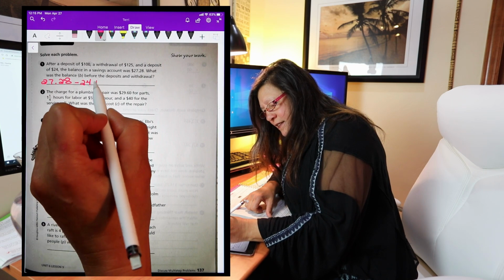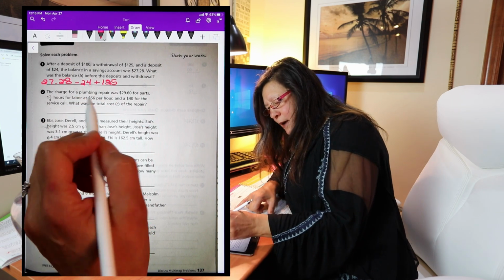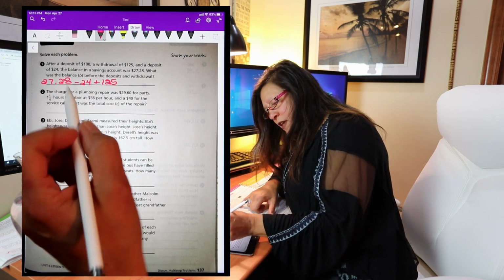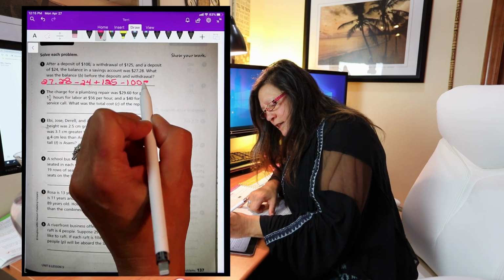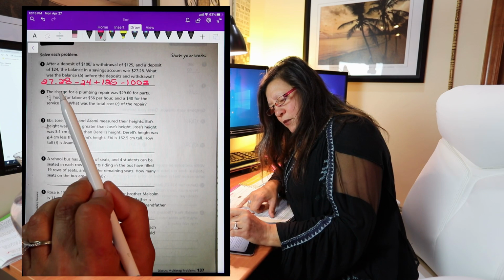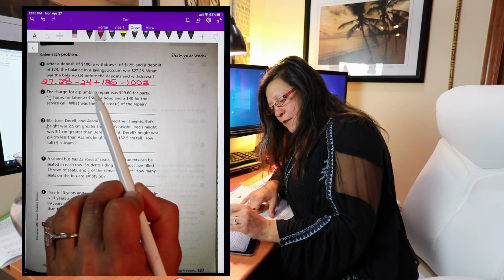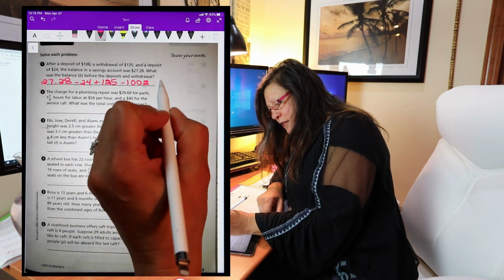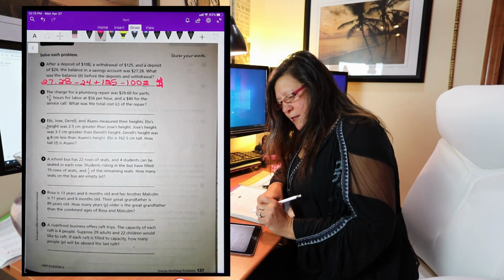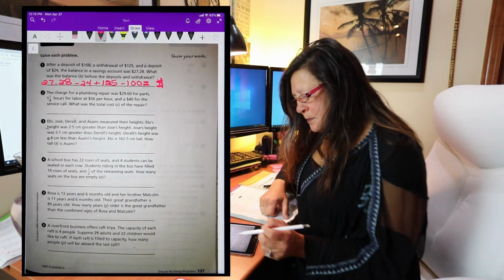We're going to add that. Again, we're working backwards to see what they started with. And there was a deposit of $100. We're going to subtract that. So you start with your $27.28 minus 24, add $125, and subtract $100, and that's going to give you what they started with.